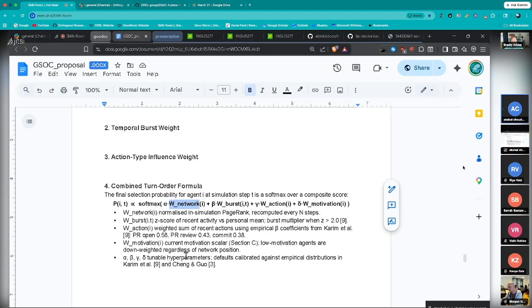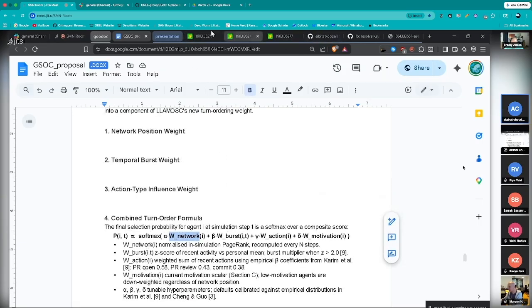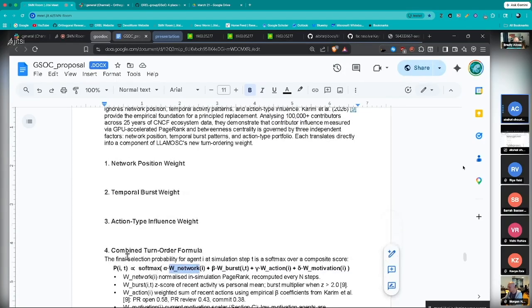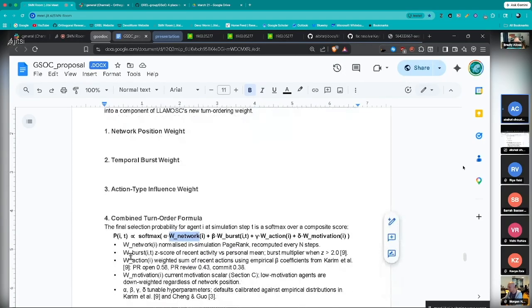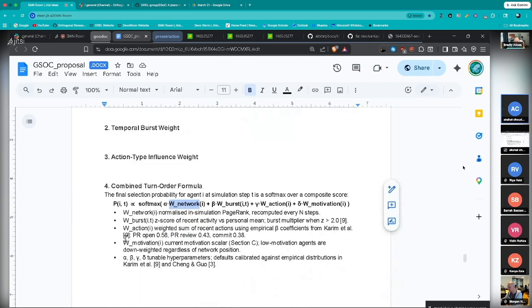And the network part will use PageRank. Now this PageRank wasn't clear to me, so it's in these docs. I'm working on this. I'll talk about it a bit later. I think I've run out of time. I was reading through so many papers. So I think the PageRank algorithm is used as a way to rank the members of your network and then go through the order.